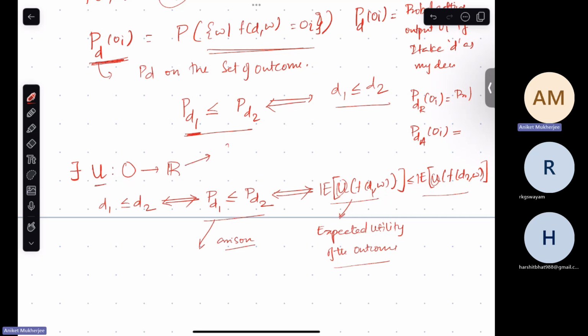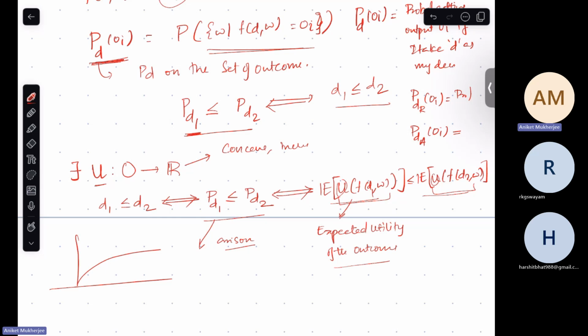This function would be concave and increasing, basically like a log function. As you go higher and higher, it will keep on increasing, but the rate at which it keeps increasing decreases, right? So this function would be of this form, a concave and increasing function.